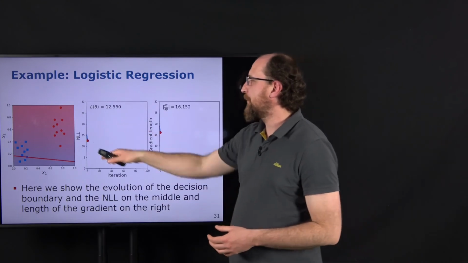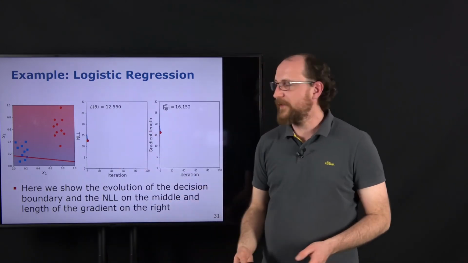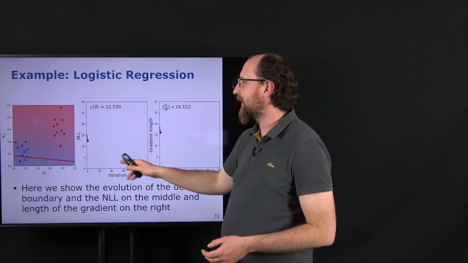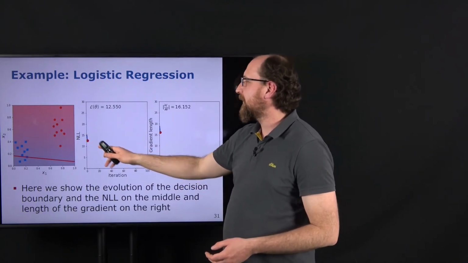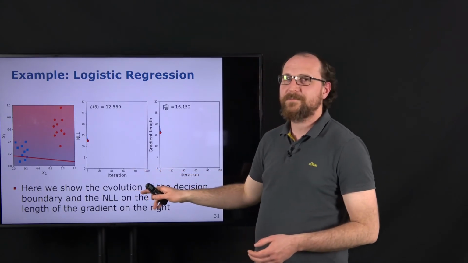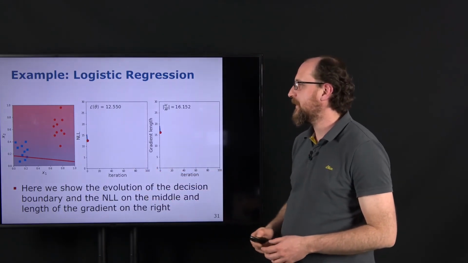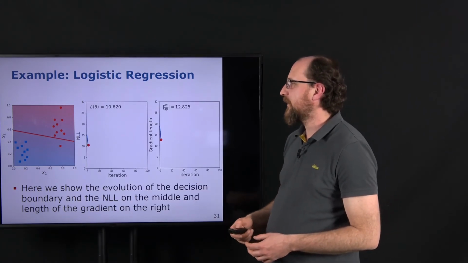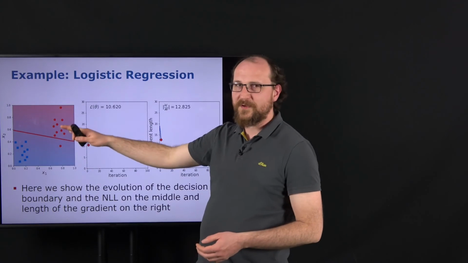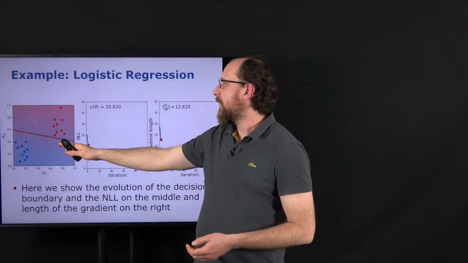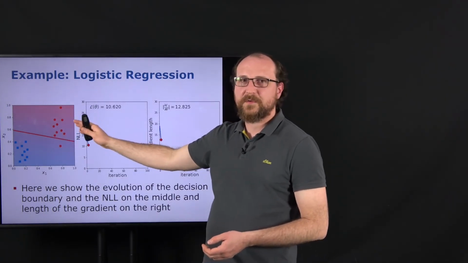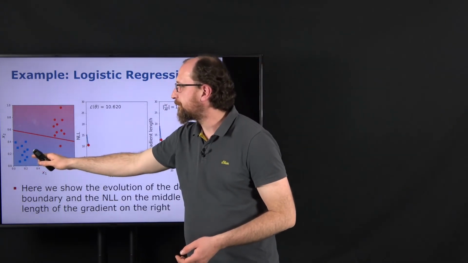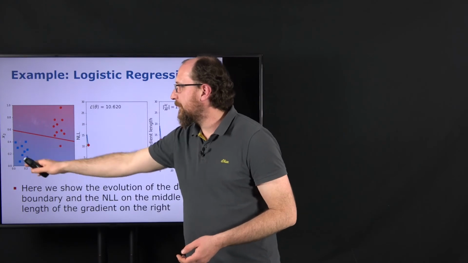The most important part, the part you're mostly interested in, is the loss curve, the negative log likelihood curve, that should go down and reach a minimum in the end. When you do the third iteration, you already see that the decision boundary is changing in such a way that most of the red examples are on the right side, and the blue examples on the other side.